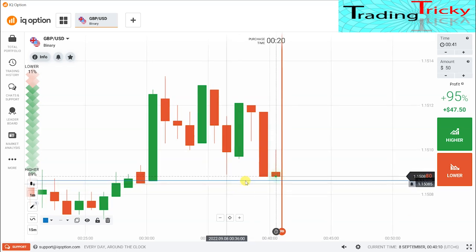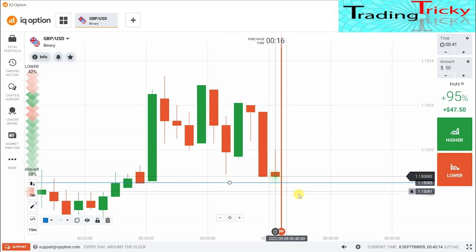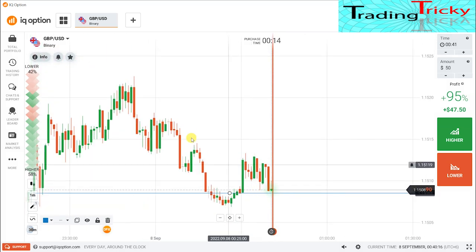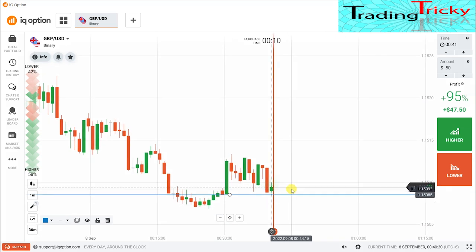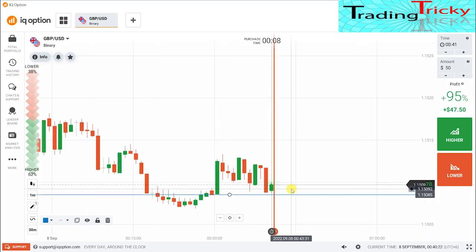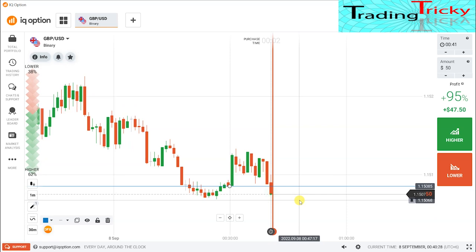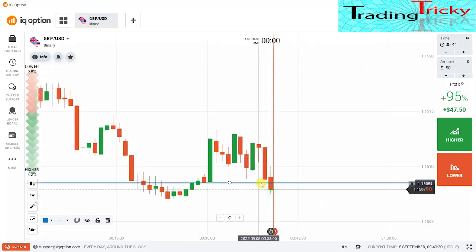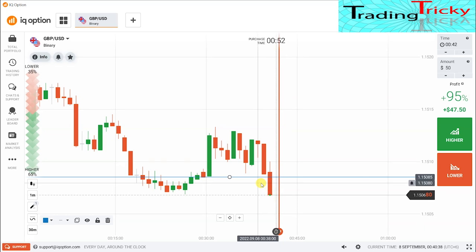I think the candle closed at the level here, but there is still a gap and the momentum is down, so it's not good to place a higher option here. I need to wait for another candle to place a higher or lower option. Let's see how the candle forms, then I'll decide to place the trade after this candle.